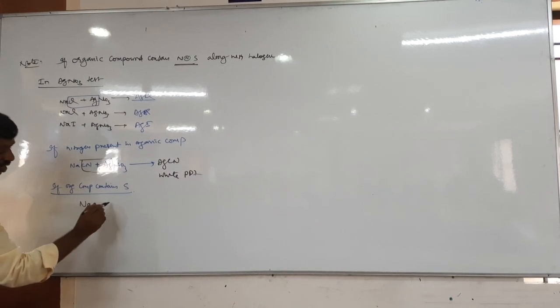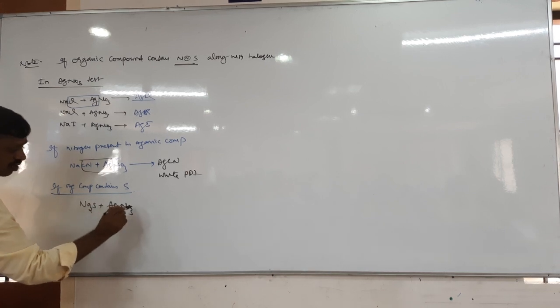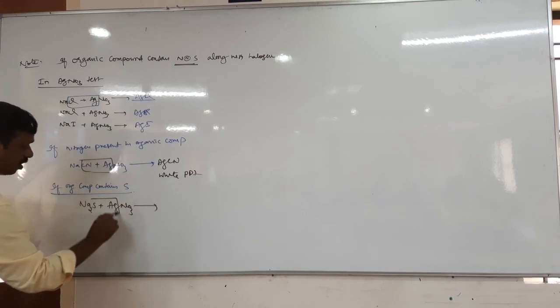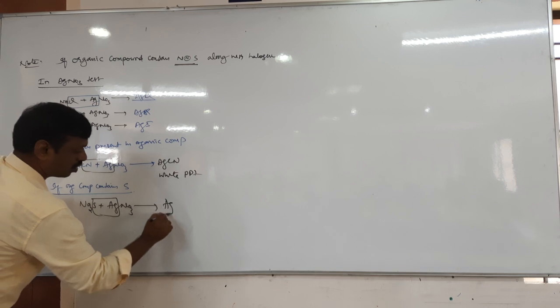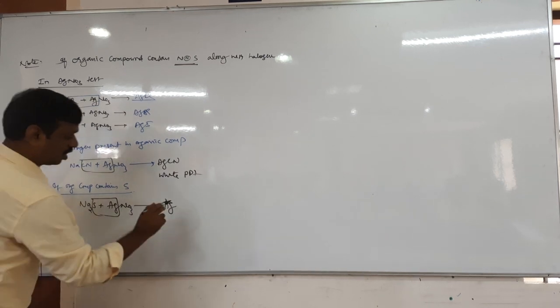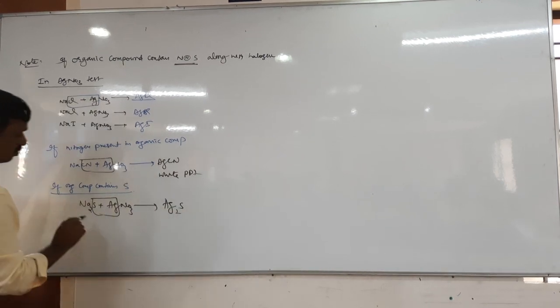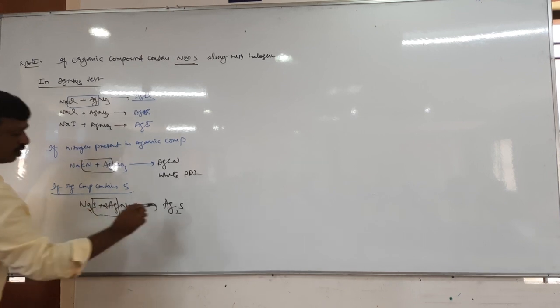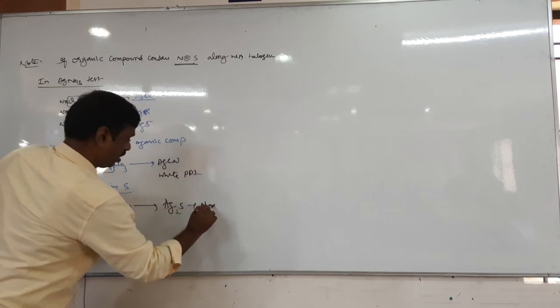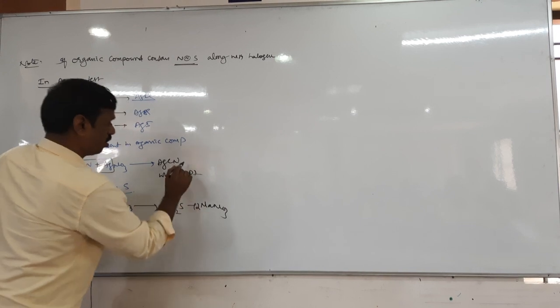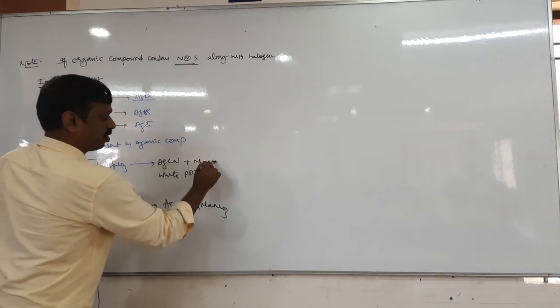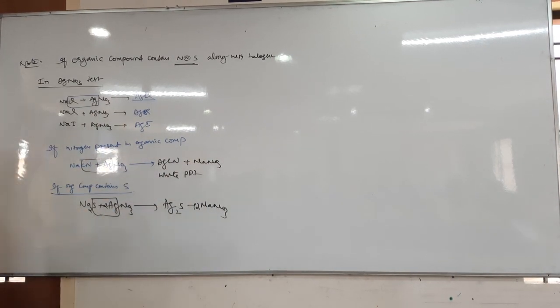This Na2S also reacts with AgNO3, and you will get silver sulfide, Ag2S, plus NaNO3.